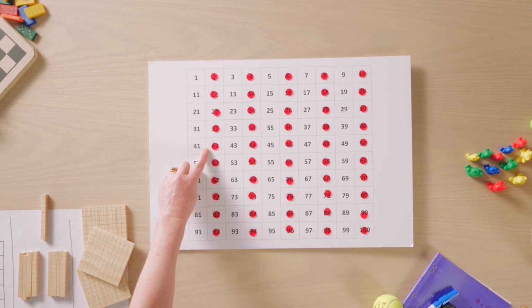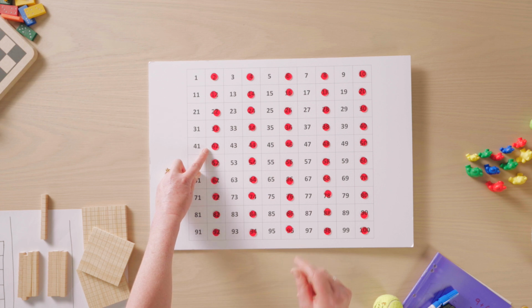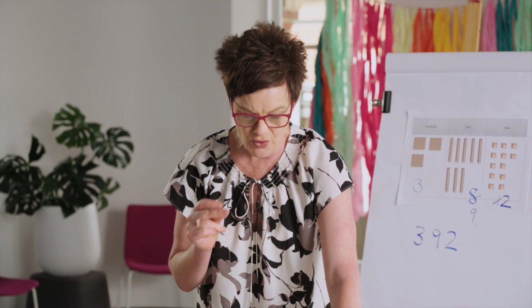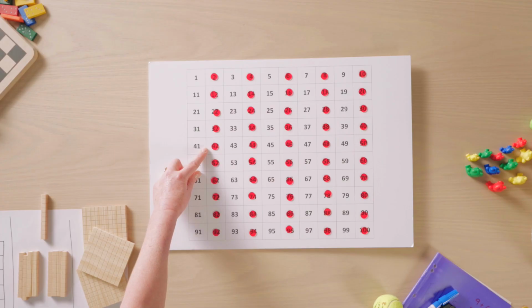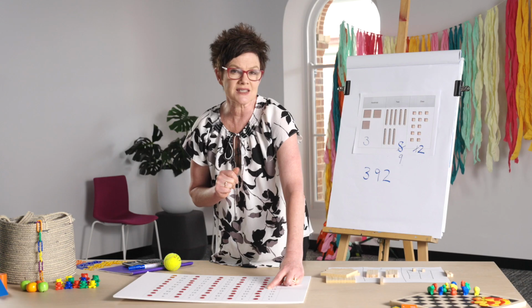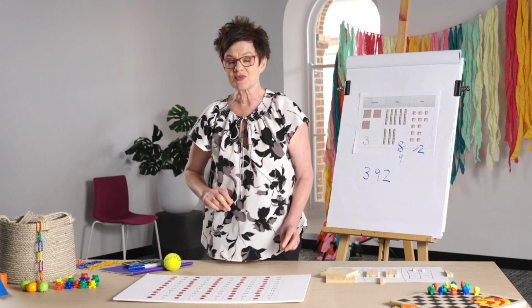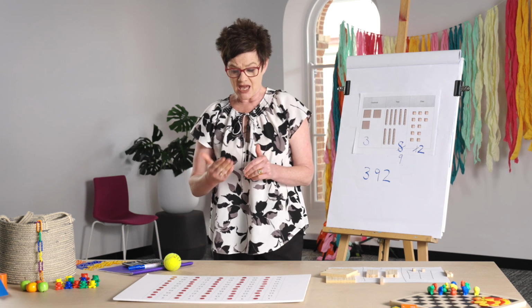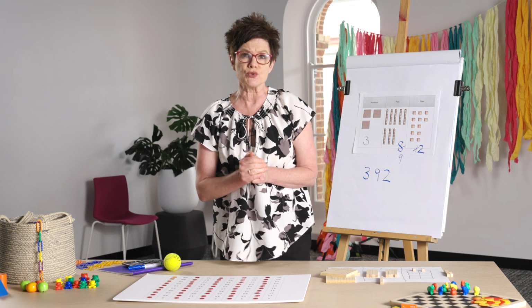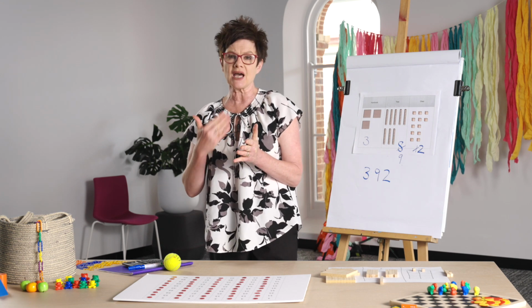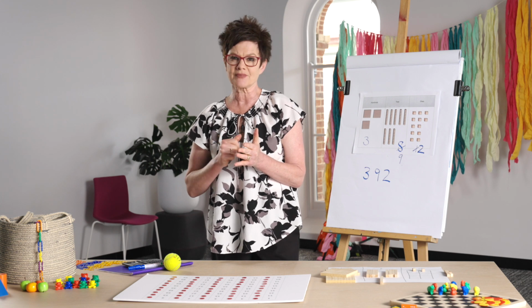So I'm starting at 42, 42, 44, 46, 48, 50, 52, 54, 56, 58, 60, 62, 64, 66, 68, 70, 72, 74, and so on. So I can click and count, looking at my pattern for 2s. Make sure you can do that too. We can count by 2s in a nice rhythm.